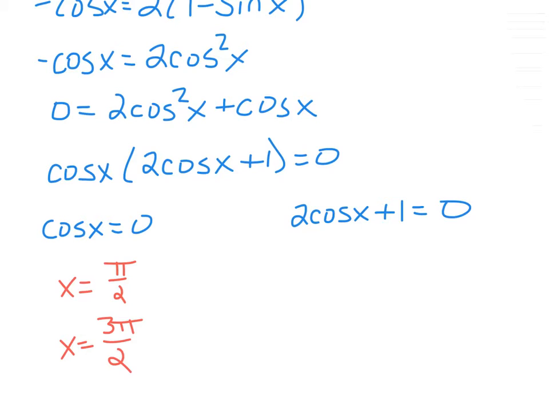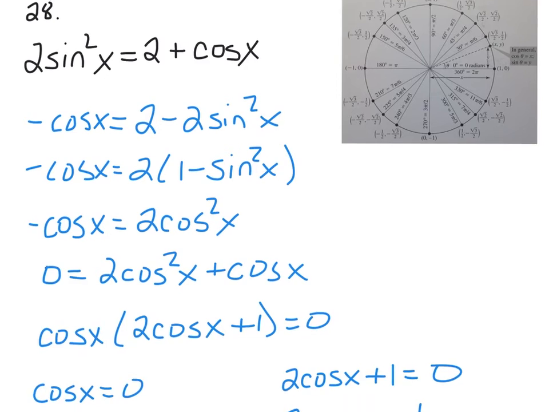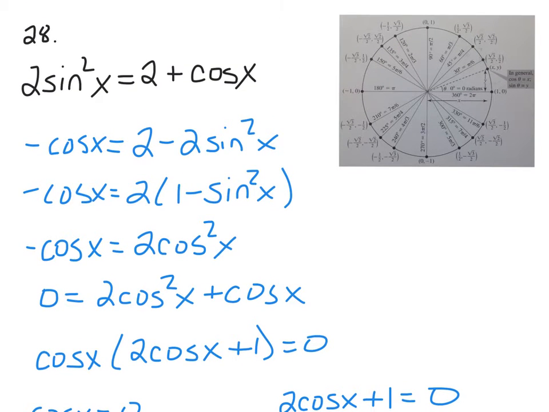Okay, and so then on the other equation, we're going to have 2 cosine of x equals negative 1, and cosine of x equals negative 1/2. So again, let's take a look at our unit circle. What angle, when we take the cosine of it, gives us negative 1/2? So we're going around, and our x value is negative 1/2 here at 2 pi over 3, and then again at 4 pi over 3.